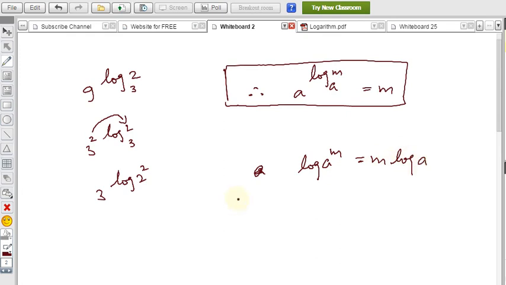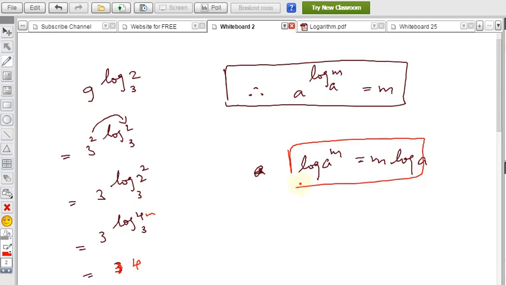So this is the same. Then 3 to the power log 4 to the base 3. Therefore the answer is, sorry, the answer is 4, because this is the value. So two properties are applied in this. According to the question, we apply whatever number of properties we require.